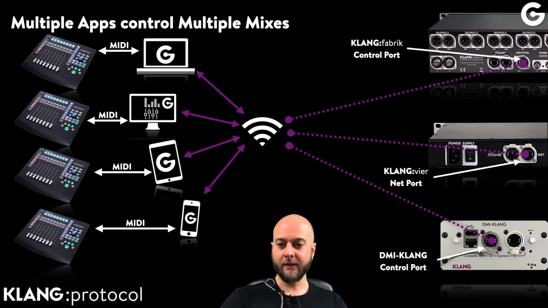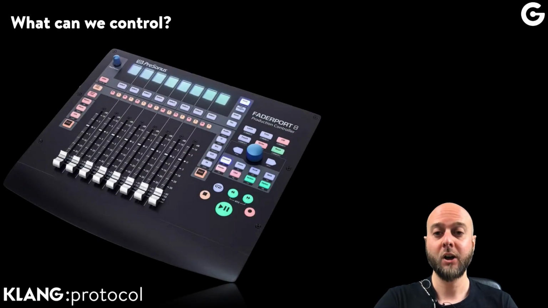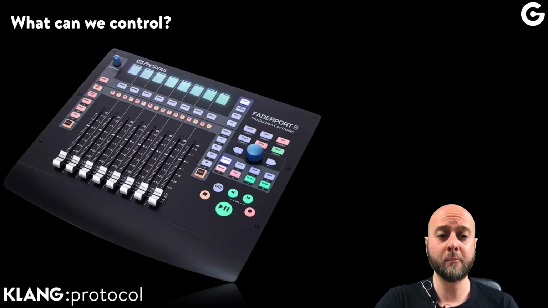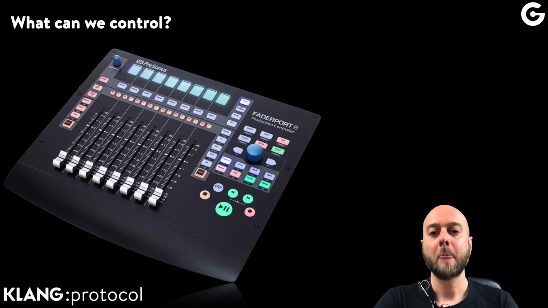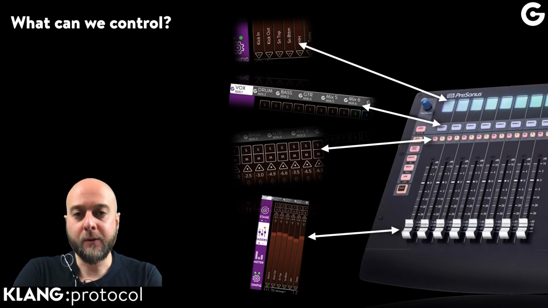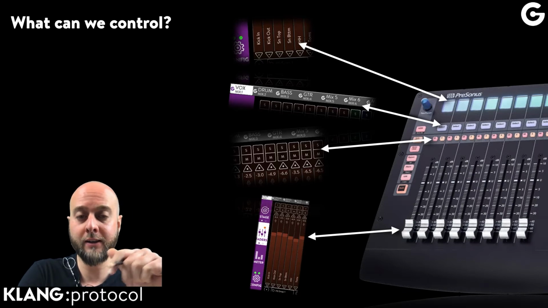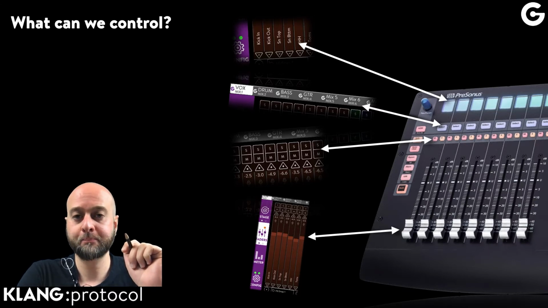Speaking of controlling, let's see which kind of functions we can take advantage of in this case. The surfaces of DAW controllers are mostly relatively similar. There are a couple of standardized buttons. There might be a little bit different naming depending on the model, but the basic functions are pretty much the same. The first thing we can see when we connect the device is, if our device has scribble strips or LED strips, we can see the channel names directly from our KLANG session.